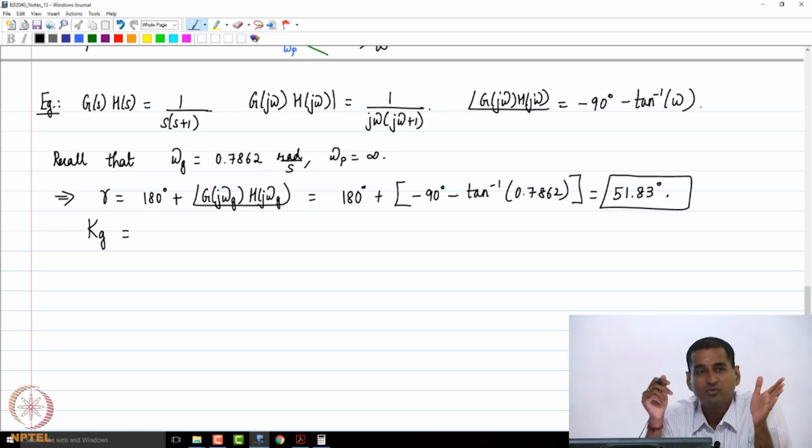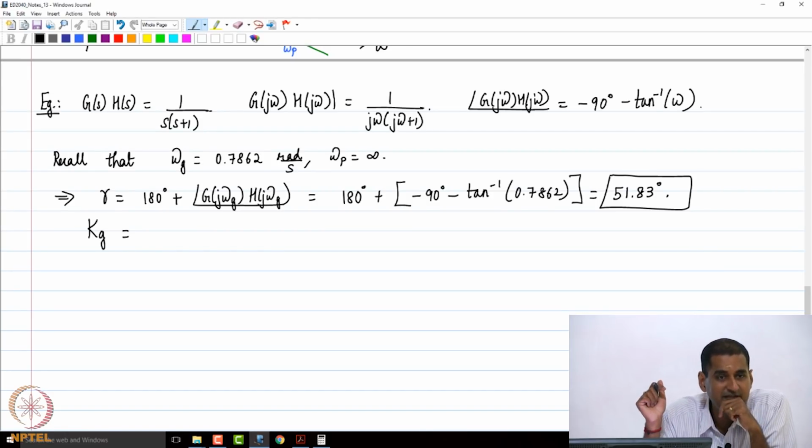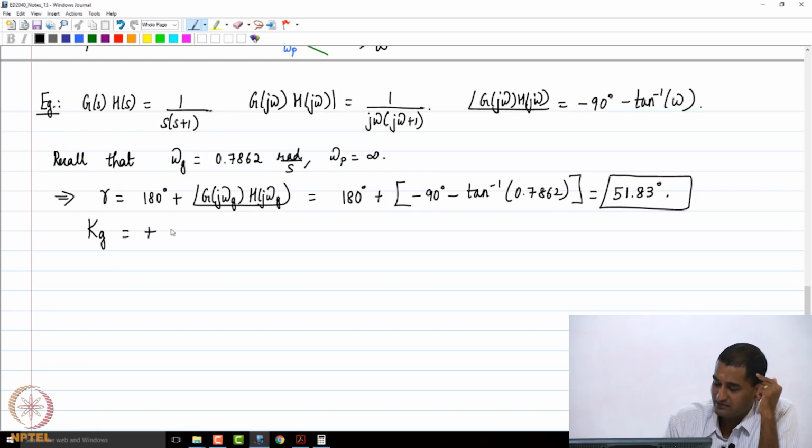So, as omega tends to infinity, what is the value of the magnitude of this sinusoidal transfer function in decibels? It will tend to minus infinity. Do you agree? Then the gain margin in decibel measure is the negative of that. So then what will happen?